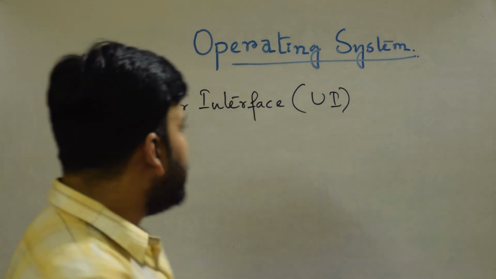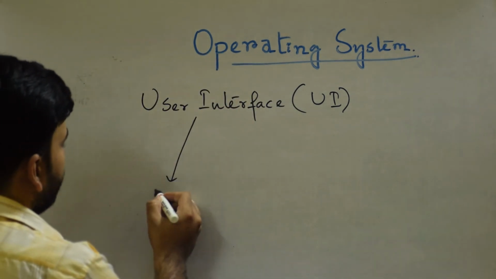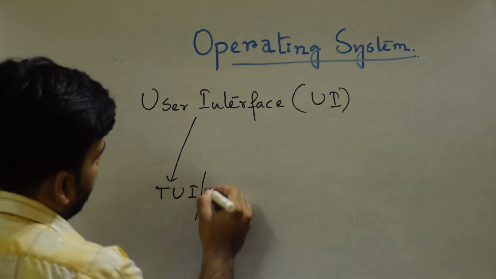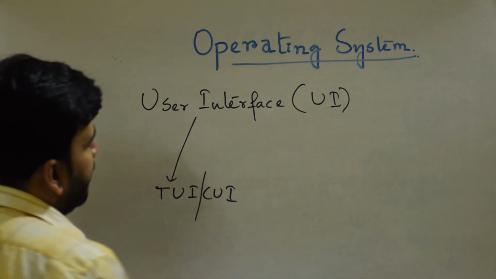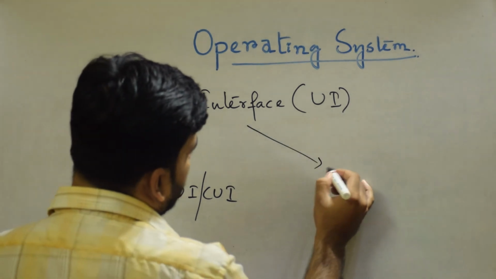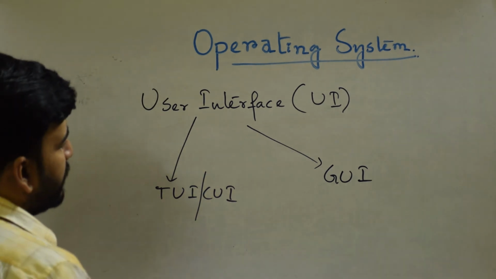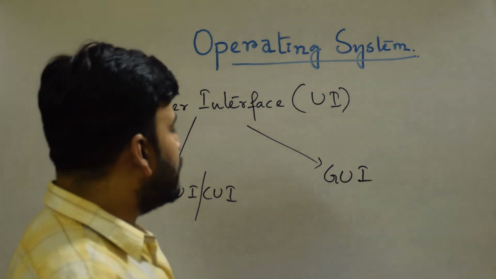Okay, there are two types of user interface. One we call TUI, text user interface, or we can call it CUI, command user interface, and the other one is called GUI, graphical user interface. Remember those short forms.